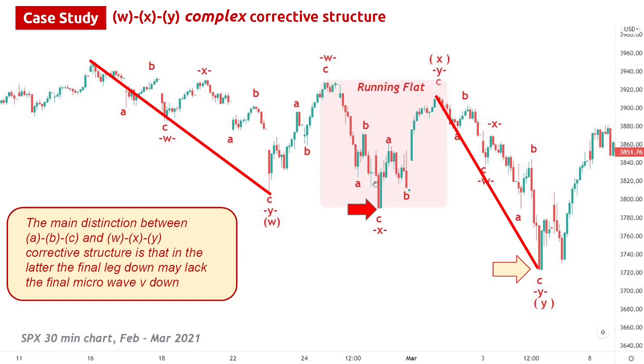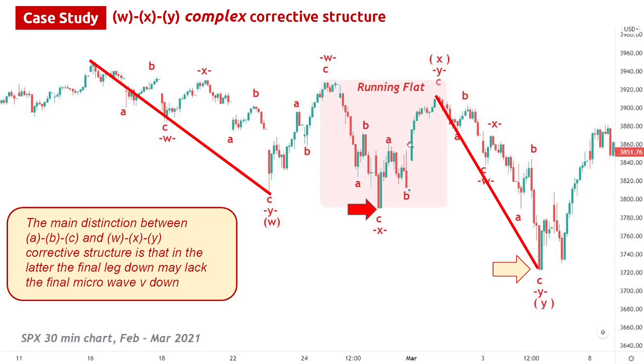And at this point you can see it did not make 100% extension of the first leg down, and the majority of traders here believed that a new rally started because we got 2 legs down separated by a corrective ABC bounce, and we started a new leg up.